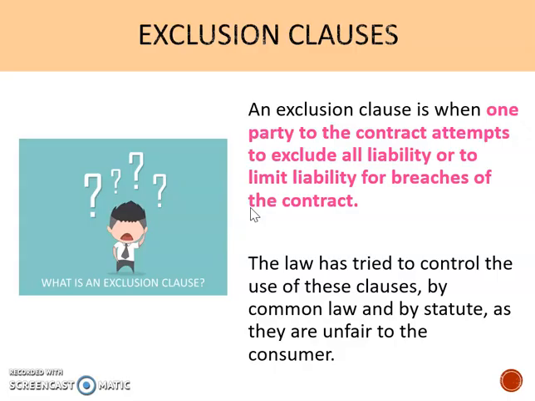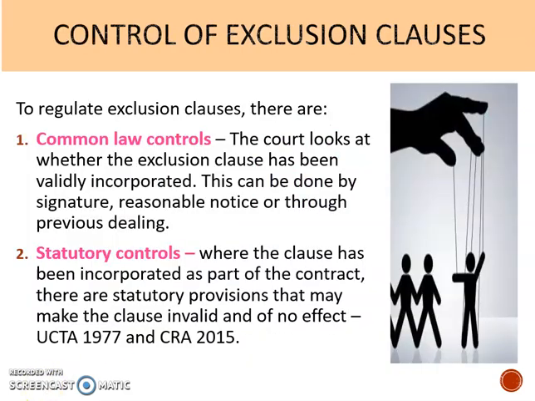Because exclusion clauses have the potential to be very unfair, the law has tried to control the use of these clauses by the common law and by statute. To regulate exclusion clauses, we have common law controls, where the court will look at whether the exclusion clause has been validly incorporated. That means, has it been made part of the contract properly?